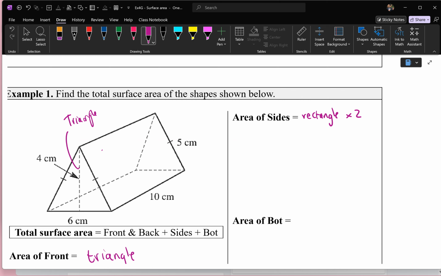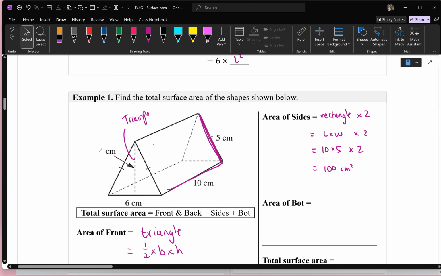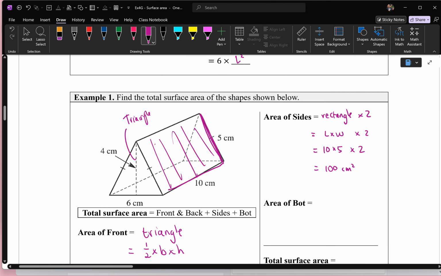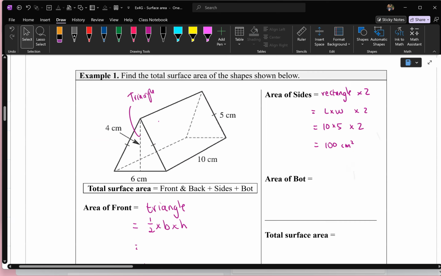So area of a rectangle is length times width, and we've got 2 of them, so we're going to times it by 2. Length is clearly 10, and the width of the rectangle is 5 centimeters on that diagonal. So 10 times 5 is 50, 50 times 2 is 100. So we've now got the areas of the 2 sides. Okay, we still haven't figured out the front, which we'll get back to.